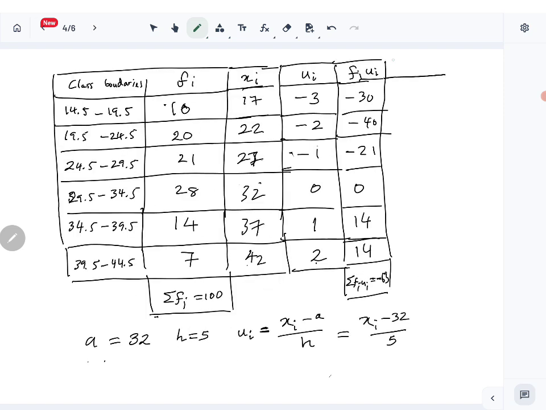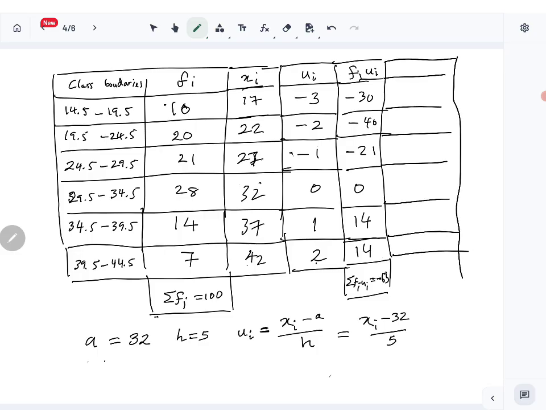For sigma u we need one more column, fi ui square.